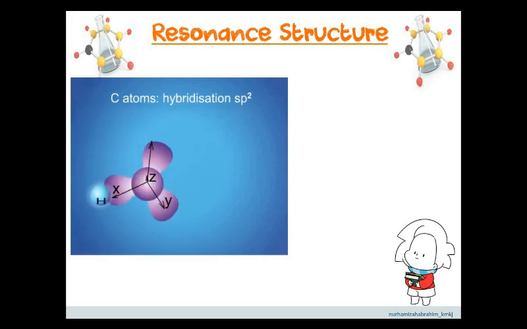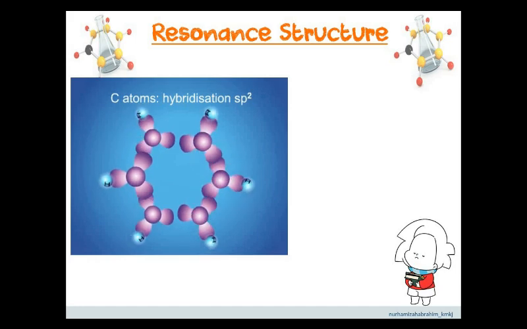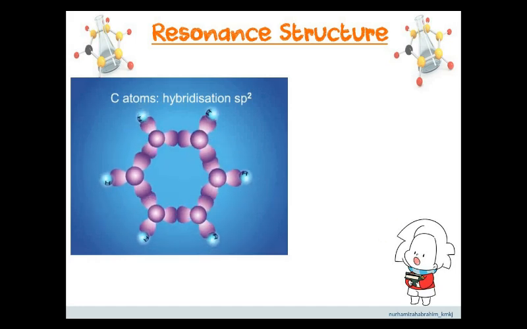Each orbital contains one of the 4 valence electrons of a carbon atom. One sp2 orbital of every carbon atom forms a sigma bond with a hydrogen atom. The remaining 2 sp2 orbitals bond to adjacent carbon atoms. Because the geometry of bonds around every carbon atom is planar, the 6 carbon atoms bonded by sigma bonds form a planar, 6-membered ring.